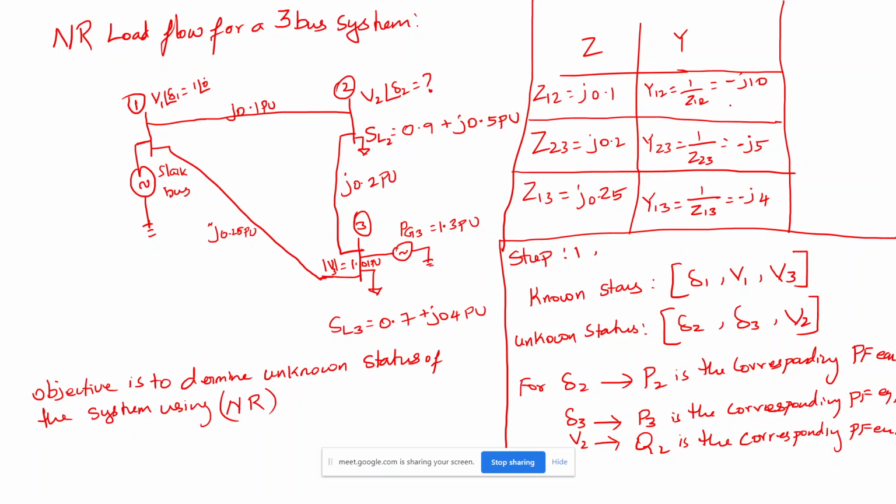So from this data we can form the Y bus, right? Please note this down, because in the next slide you are going to tell me the admittance values. At least take a snapshot and keep it ready, because whenever I ask a question, you need to tell that.